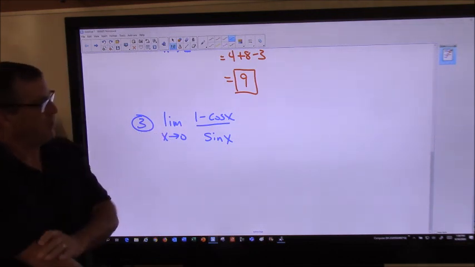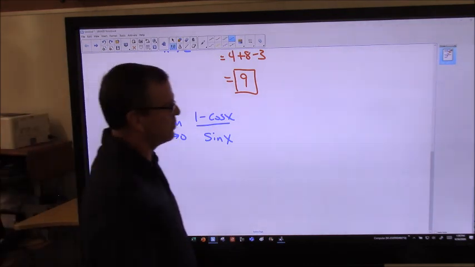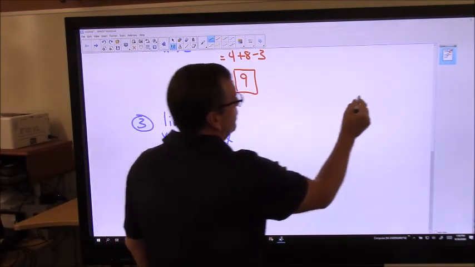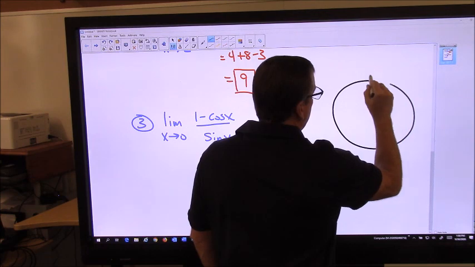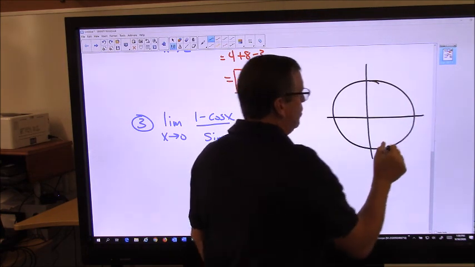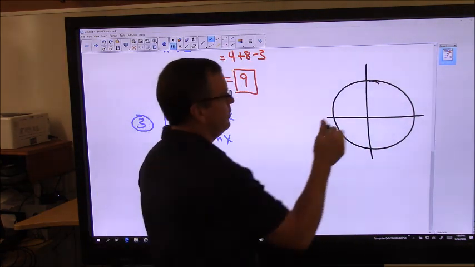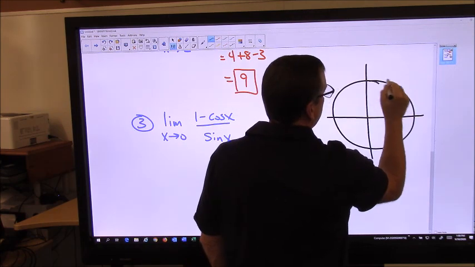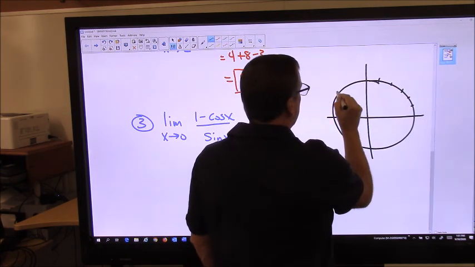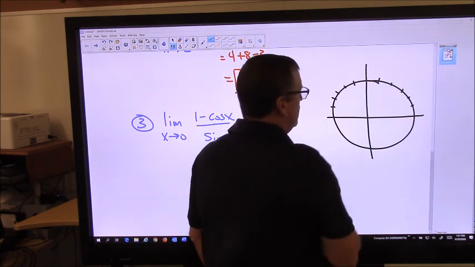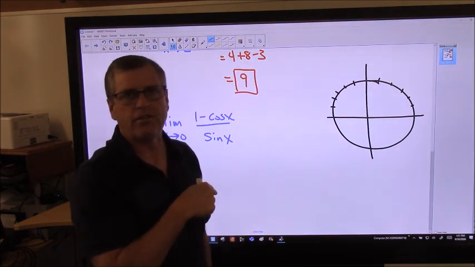Okay? If we go back and think of our unit circle, here's our unit circle. We put 5 tick marks in every quadrant, right? And we said we're going to count by twelfths.